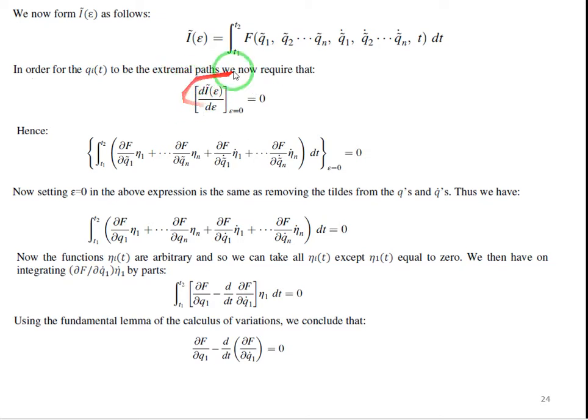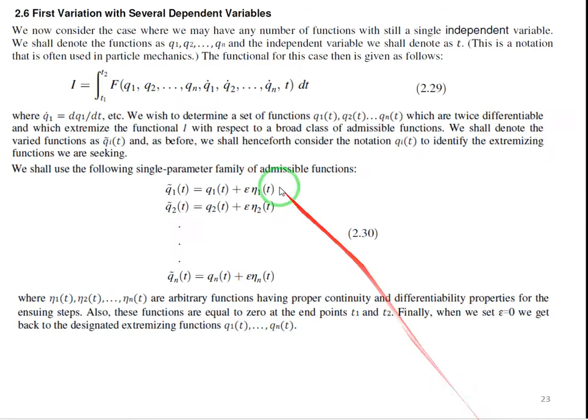By using this derivation, we can easily show that the derivative of I tilde with respect to epsilon can be obtained by the chain rule. In other words, the derivative of I tilde with respect to epsilon is equal to the partial derivative of f with respect to q tilde multiplied by the derivative of q tilde with respect to epsilon, as we can see here.